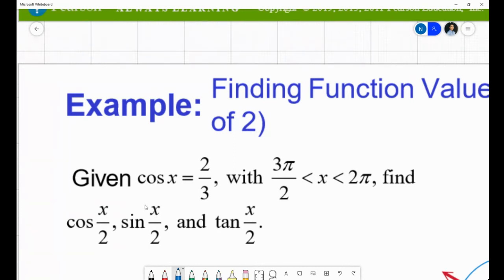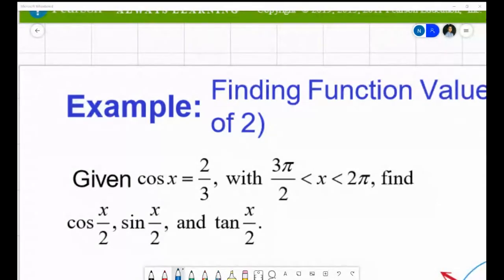Okay, I'm going to call on 3 of you to work on these problems. So be prepared.